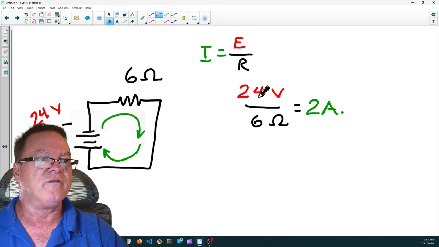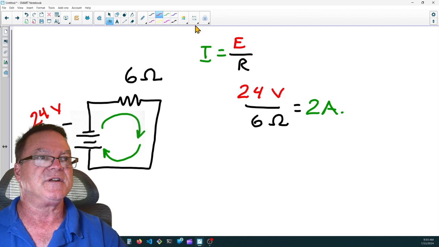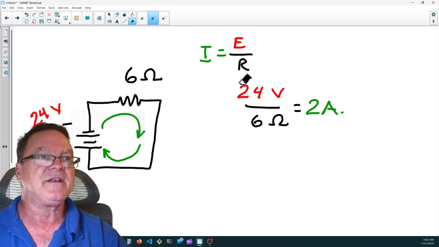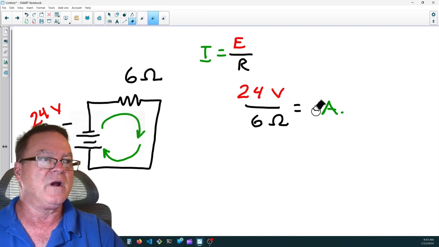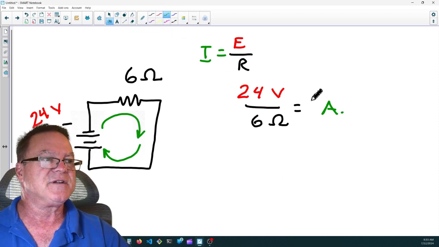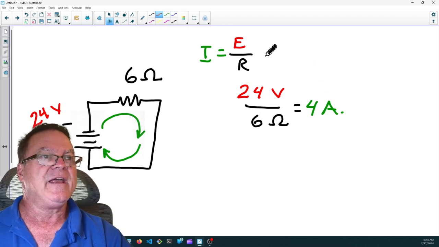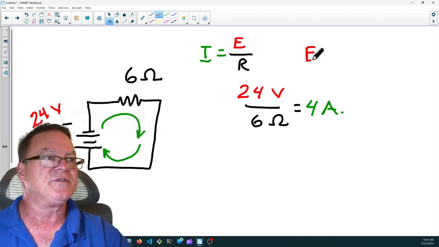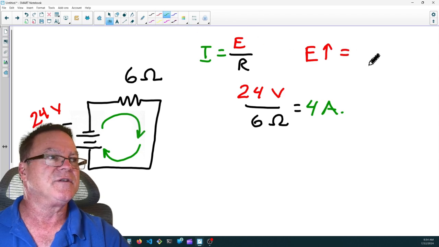So now we have 24 volts divided by 6 ohms, and that gives us 4 amps. 24 divided by 6 equals 4. So as we increase the voltage, we increase the current.